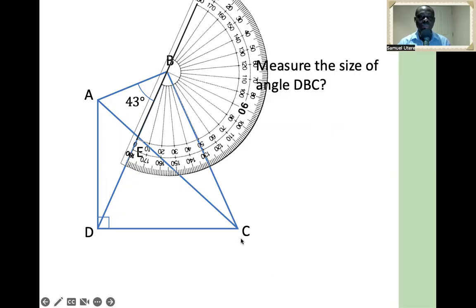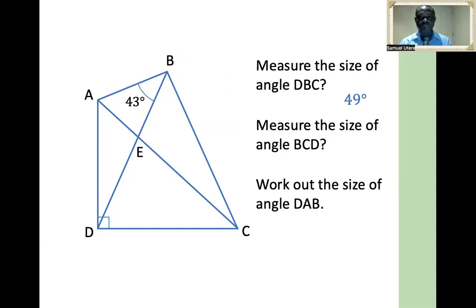Now, you position the protractor so that it's at 0 on one of the line segments, and we read the other angle. So here we can see that it is 49 degrees. But how would we answer these other questions? Well, it's the same approach.